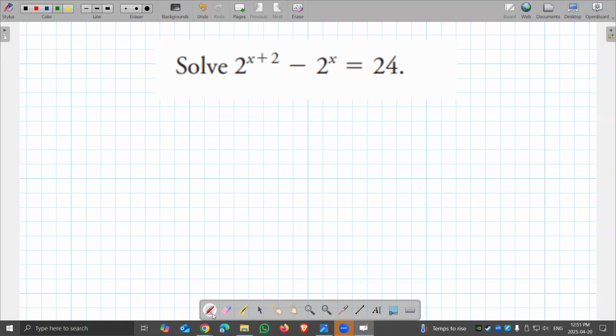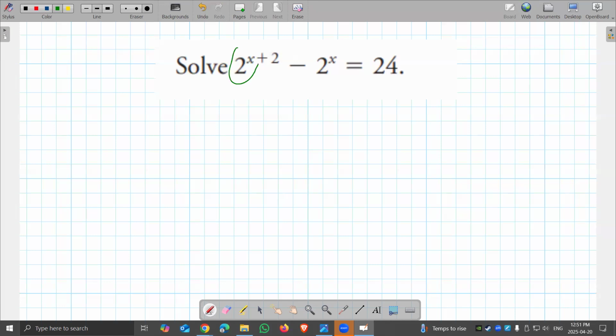What would you do with this? I'll give you a hint. You have to take something in common. The only way to solve this is if you take something in common.